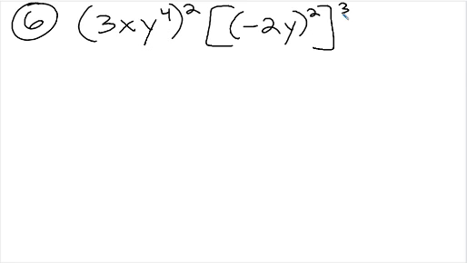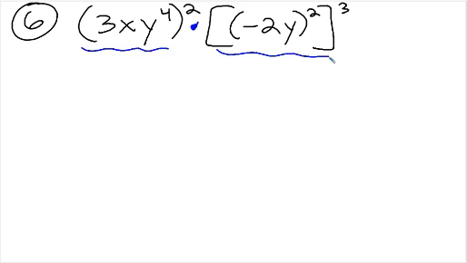Now this thing looks really scary, but what we should really do is think of it as two little problems. One thing times another. So let's put a times symbol right there. And let's think of this problem times this problem. And that's going to help us a little bit.